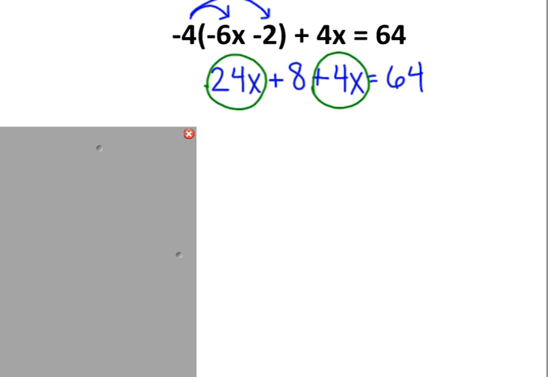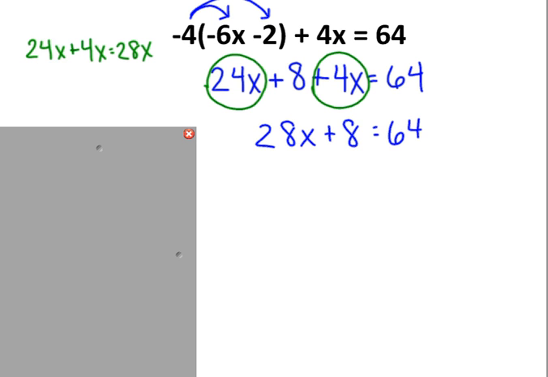Therefore, I am going to combine these like terms. 24x plus 4x is equal to 28x. Now that I know my answer, I'm going to rewrite the problem with the combined like terms. So I have 28x plus 8 equals 64.